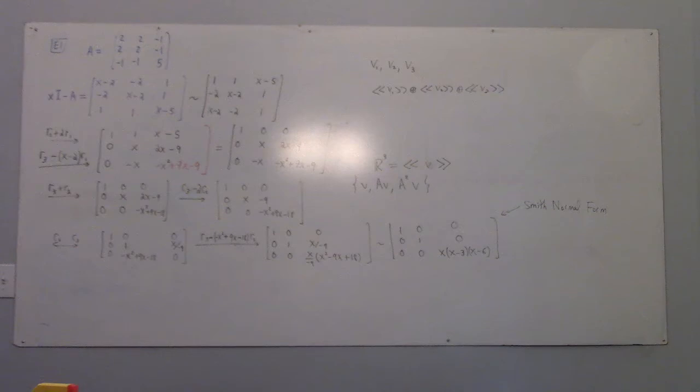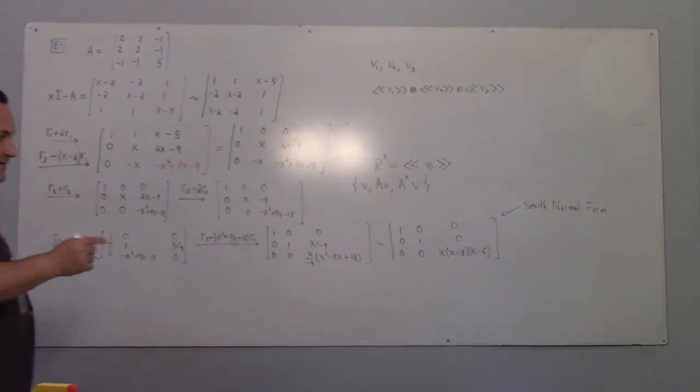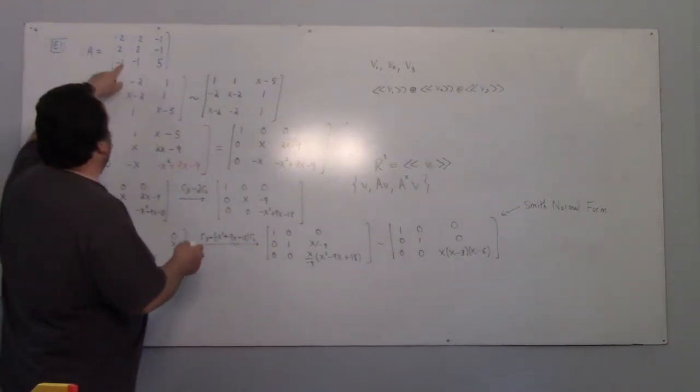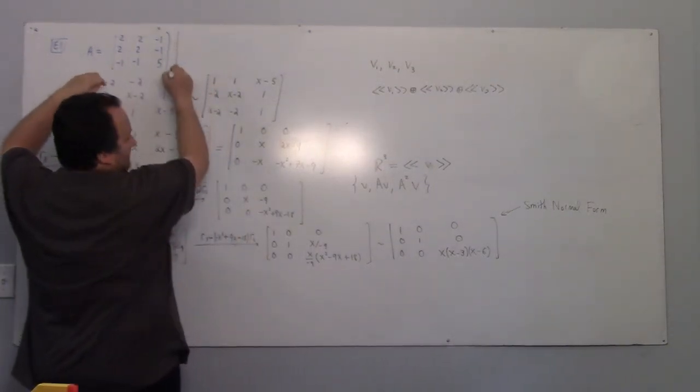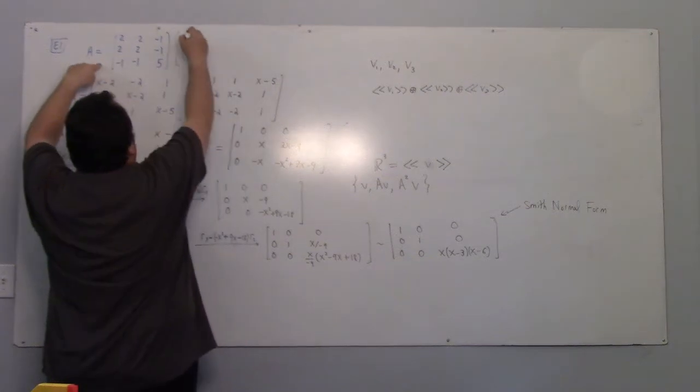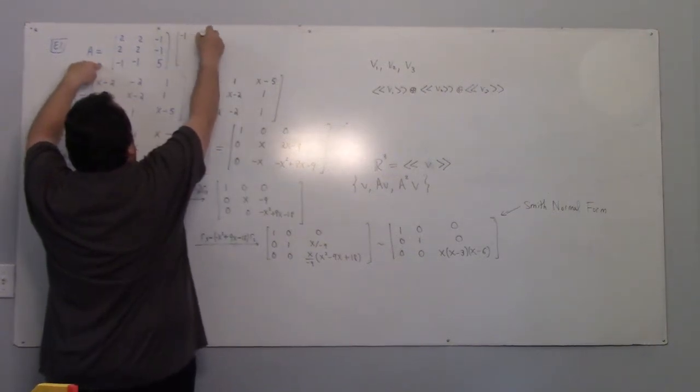What's the minimal polynomial? X cubed. Yeah, you're looking at it right there. It's x times x minus 3 times x minus 6. If we were to take a times, what would a minus 3 be? A minus 3.